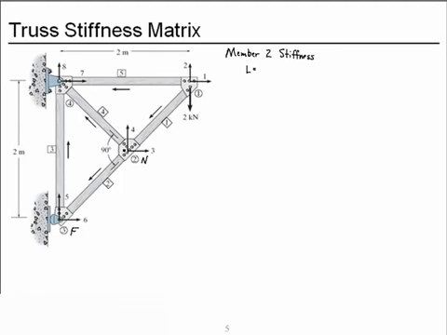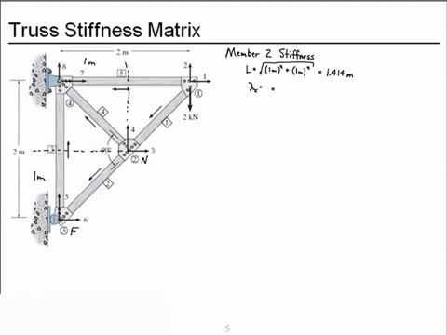To get the length, we'll see that the height of the piece is 1 meter, and the width of the piece is 1 meter. So we take the square root of 1 meter squared plus 1 meter squared, and this element is also 1.414 meters long.